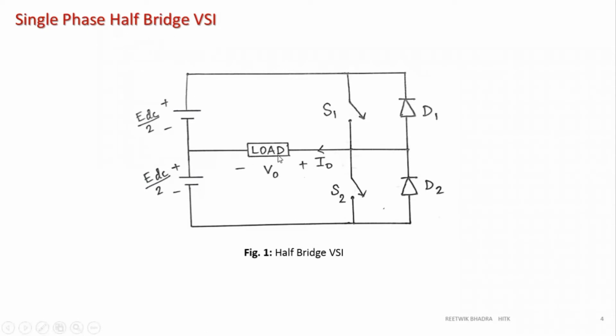Single phase because of your output voltage, which is single phase. Half bridge because we are dividing the whole source into two equal halves, EDC by 2 and EDC by 2. These are the two switches, S1 and S2, which can be replaced by MOSFET, BJT, IGBT, or a thyristor. And these two, D1 and D2, are your feedback diodes.